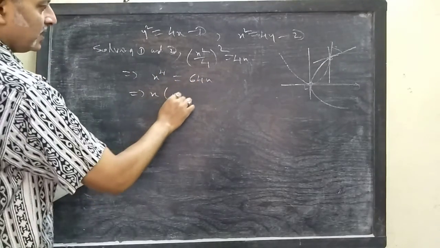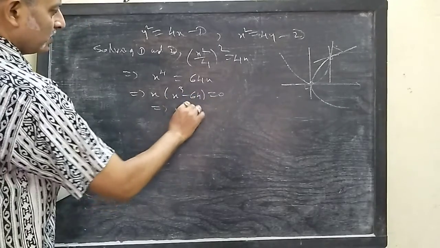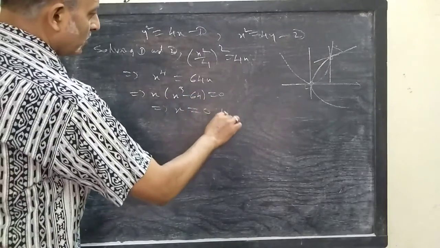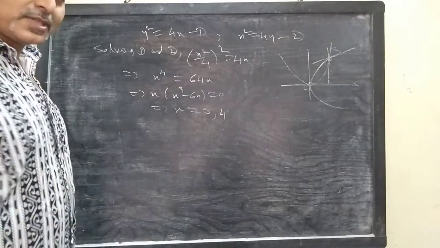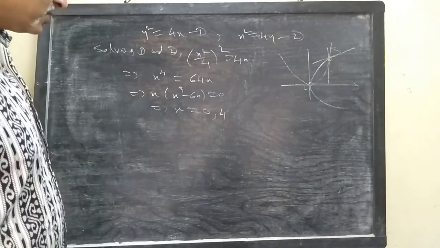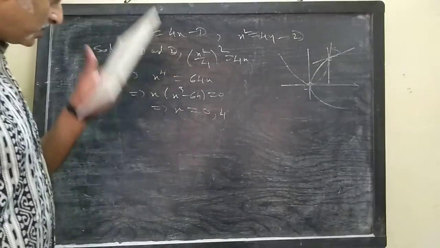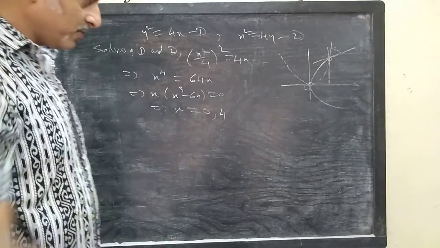That implies x into x cube minus 64 equals 0. That implies x equals 0 or 4, because these are the only real roots. The other two roots are imaginary, so we are not concerned with the non-real numbers. So we get the only two solutions, 0 and 4, and the diagram also supports our finding.